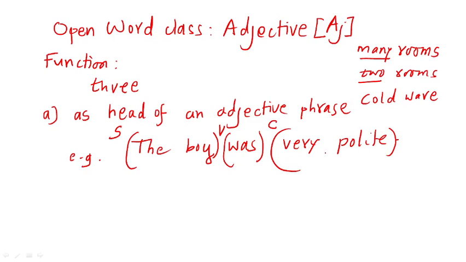Now, very polite: here polite is adjective and that is why here it works as head. Very is modifier, and this whole phrase is called adjective phrase since its head is adjective. So in this sentence and in this adjective phrase, adjective works as head.